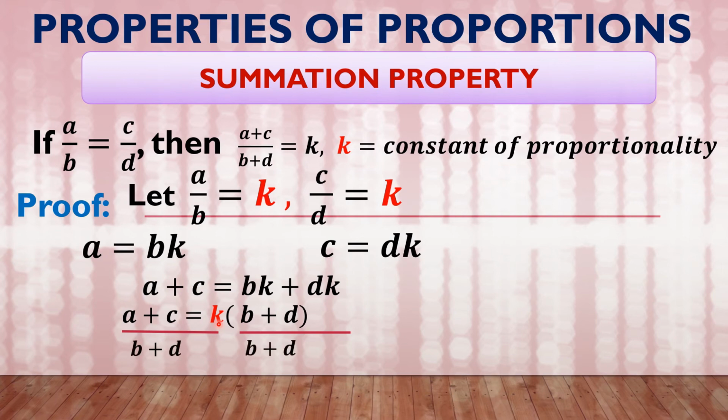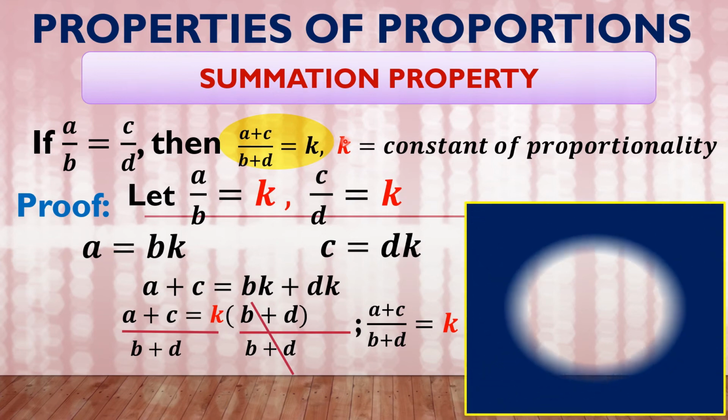So, therefore, K now is equal to A plus C over B plus D. So, dito i-add daw natin silang dalawa. At eto, add daw natin sila. Ngayon, yung kalalabas ng sagot daw nila ay K. Yung K dito, yung kanilang simplest form.